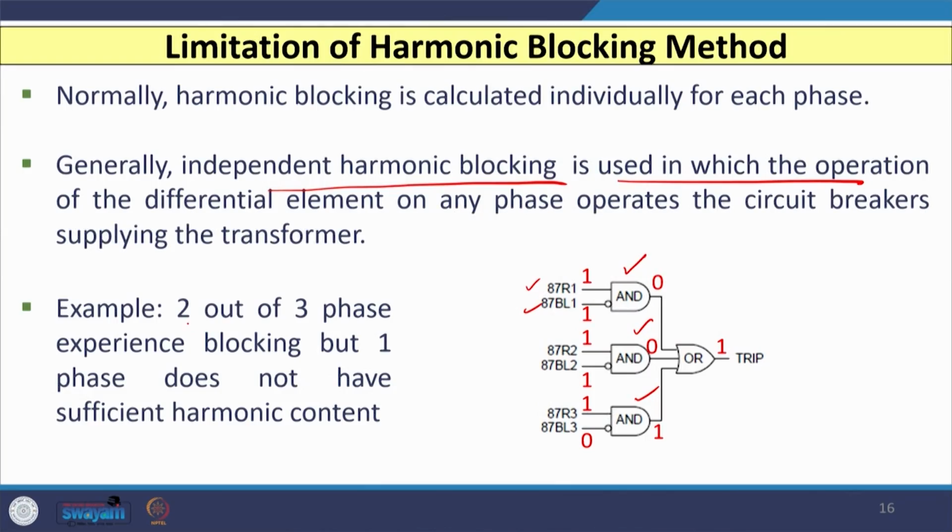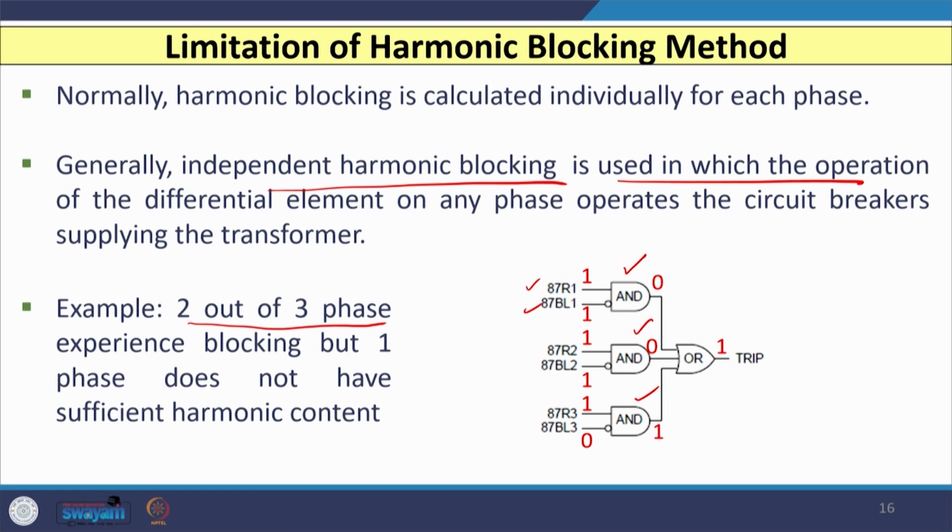is present, it may be possible that in all the 3 phases the content percentage of second harmonic may exceed 20%. It may be possible that in 2 phases the percentage harmonics are greater than the threshold value, but in one phase it is lower, or maybe any combination is possible. So, let us assume that 2 out of 3 phases experience the blocking.